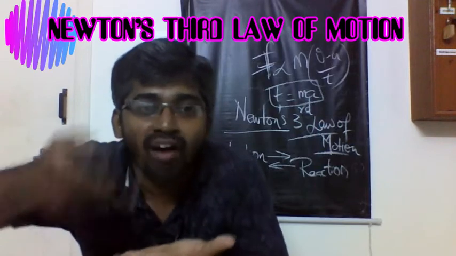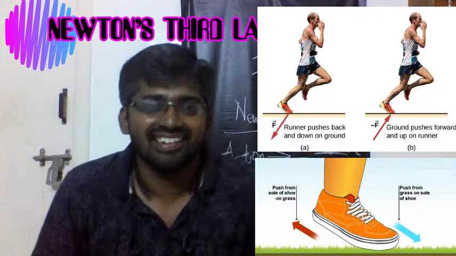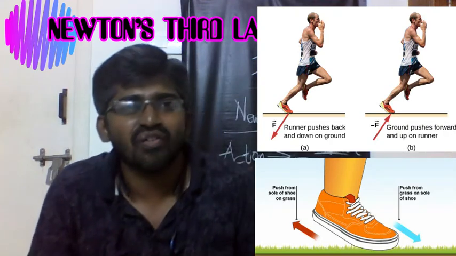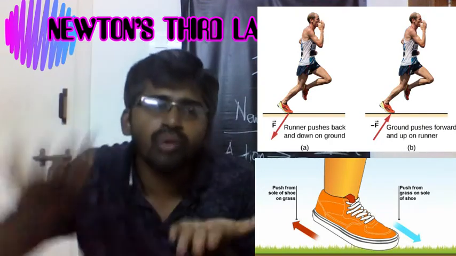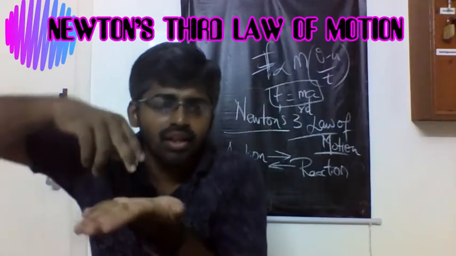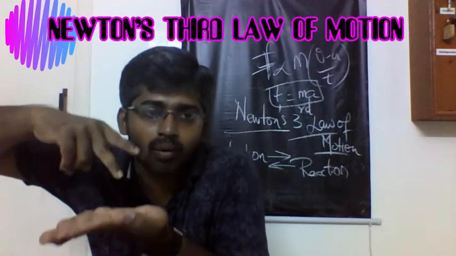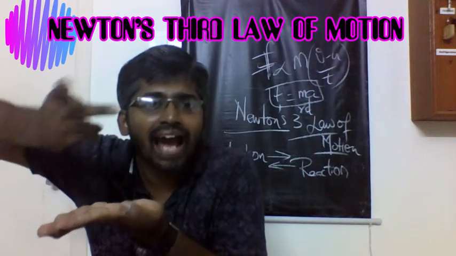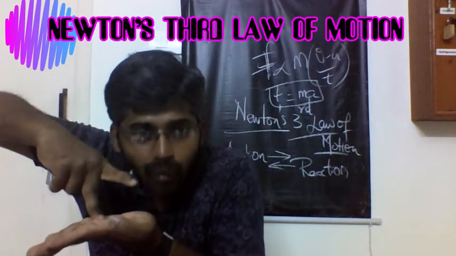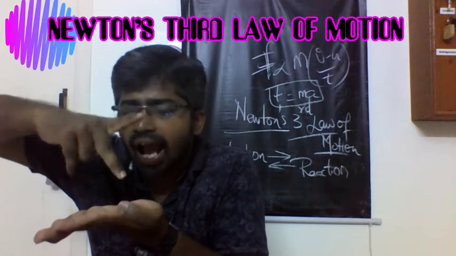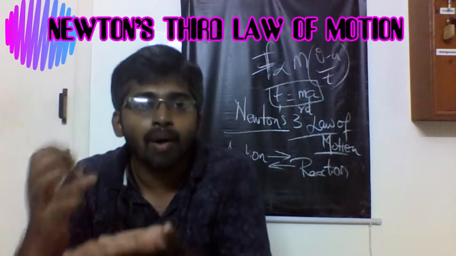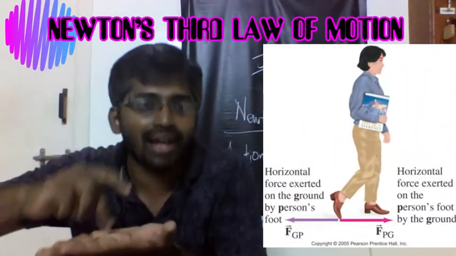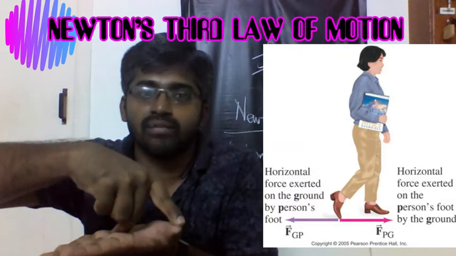Now, how do we walk? How do we run? How do we swim? It's all because of Newton's third law. You see, how do we walk? We are walking, this is the ground. Our legs are on the ground. When I exert a force on the ground, an equal and opposite force is exerted from the ground on my leg, so that I move forward.